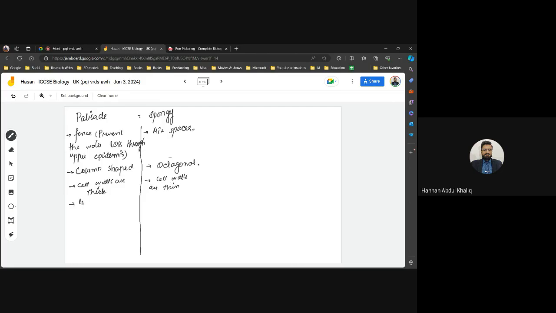They have a large vacuole, while the other ones have smaller vacuoles. Smaller, not small. Smaller does not mean many. Smaller means a little small.